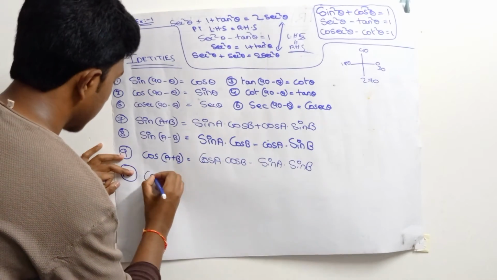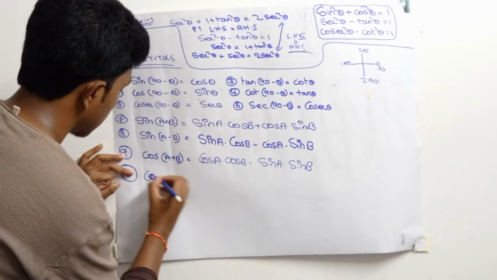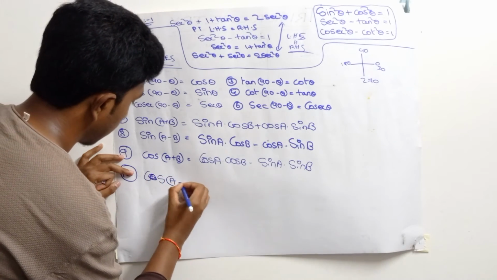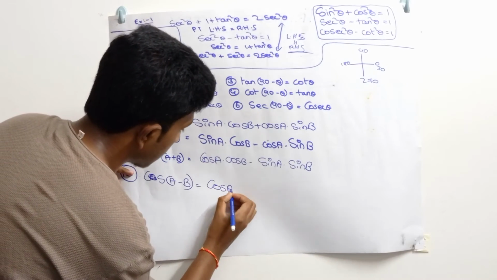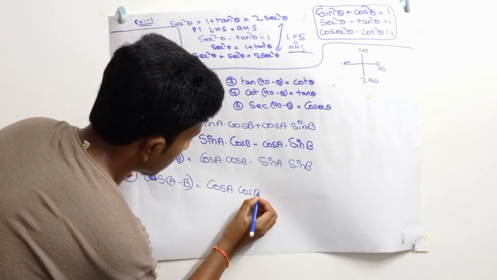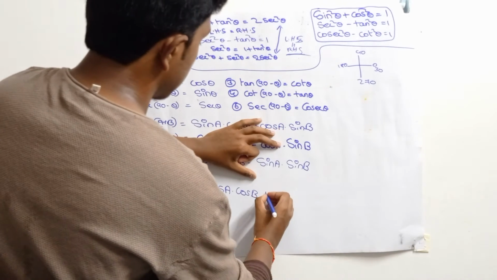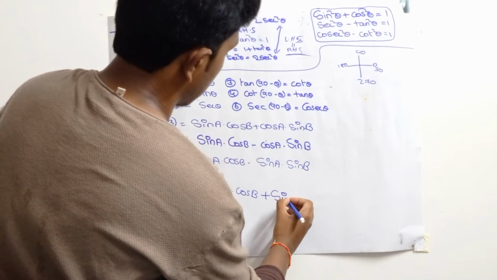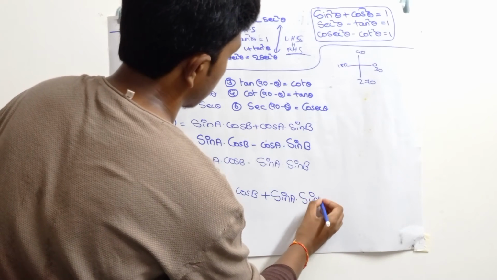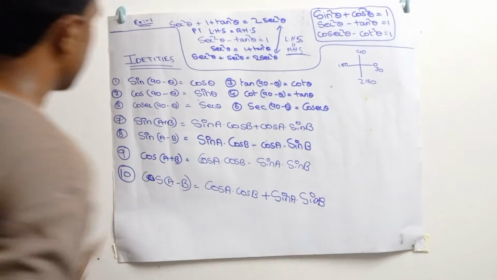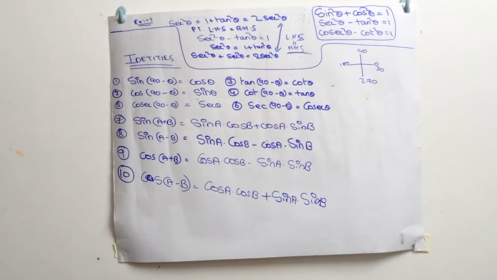When you move to the 10th identity, cos A minus B is cos A cos B plus sin A sin B. This is the 10th identity.